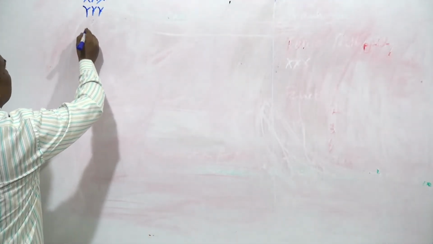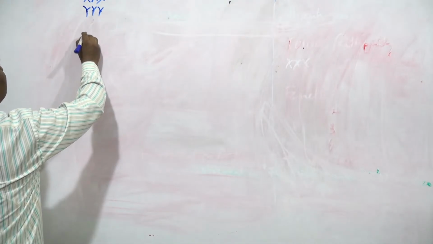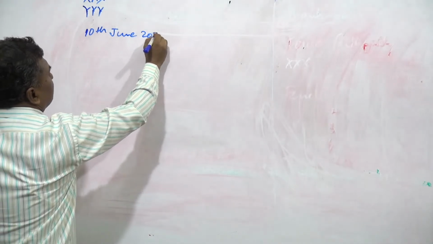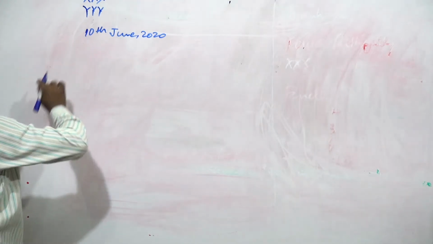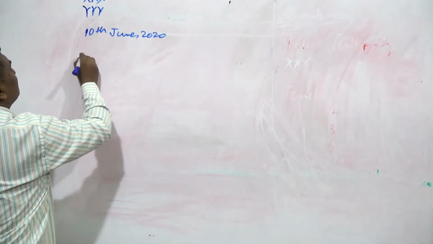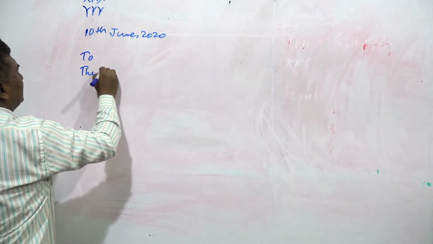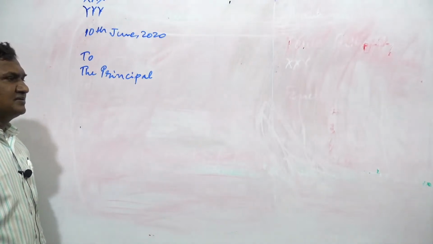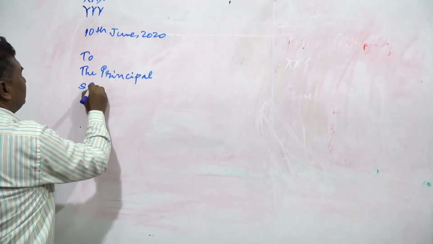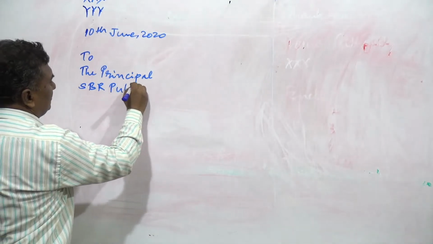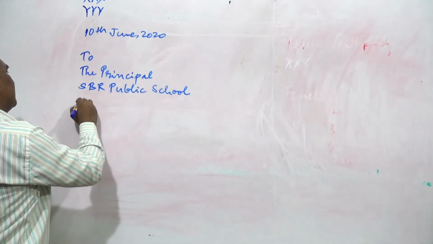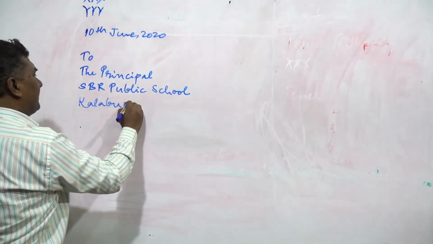Write the date. Today's date we shall write. 10th June 2020. Leave the space. Then write to, for example, the principal, public school, and the name of the place, Kalaburgi.